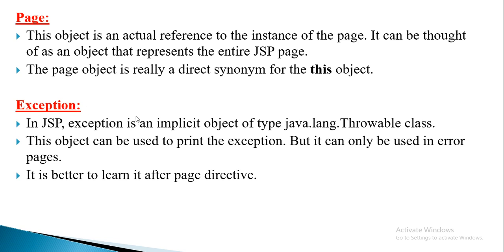The last one is the exception, which is the implicit object of Throwable class. Remember, this object can be used to print exceptions only, and can be used only in error pages. So if you are handling the errors in JSP, we can handle them by using error pages also. At that time, if you want to define exactly what exception occurred, then this exception object helps you.